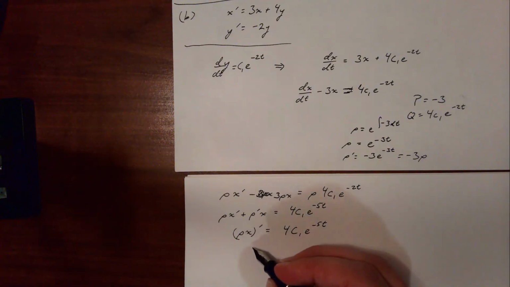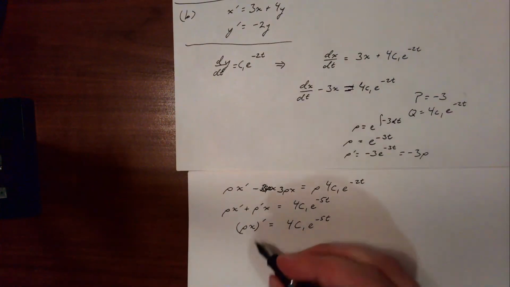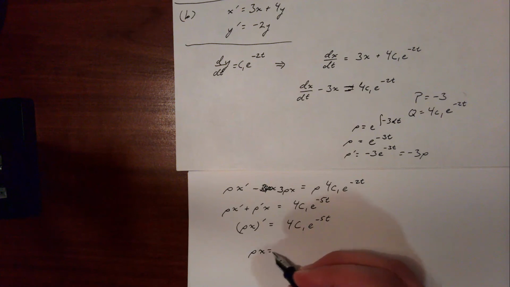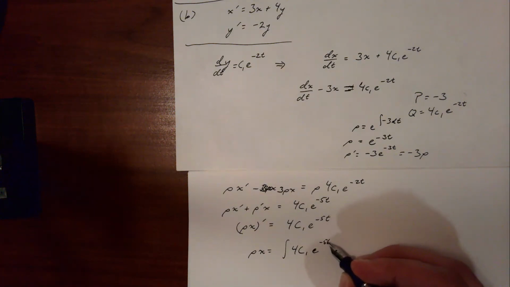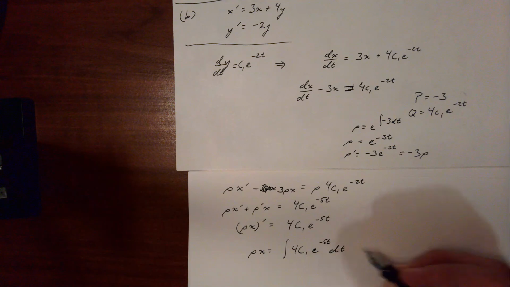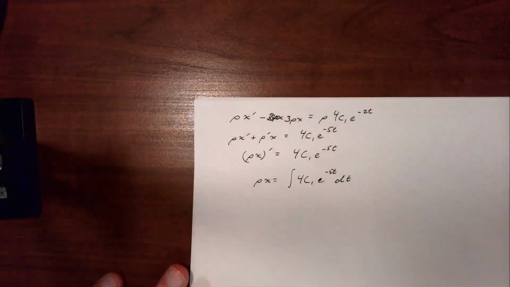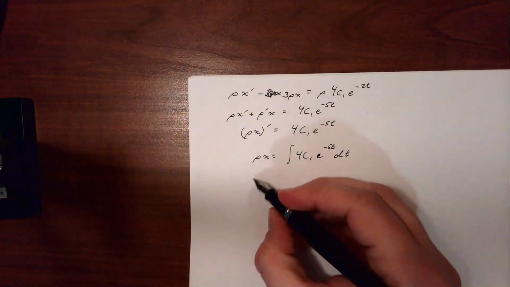So now I take the integral of both sides, and that will undifferentiate the left, leaving me rho x equals the integral of 4c1 e to the negative 5t dt. And now we can actually just restore the value of rho over here.